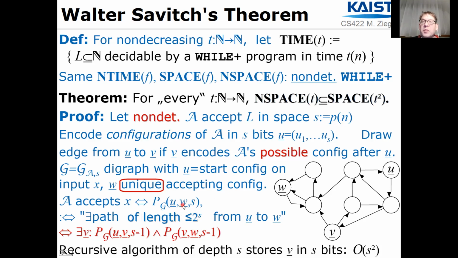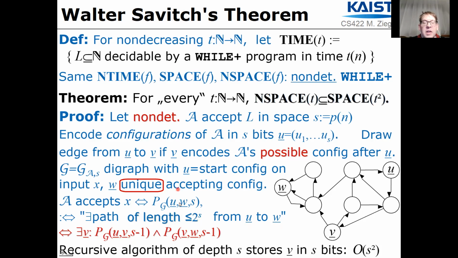It would receive as input the end configuration, which also occupies S bits. And it would receive this parameter S. And recall that in order to do that, we need to somehow calculate S. And this is where the assumption enters that the bound function t here can be computed in this amount of memory without exceeding the memory bound.